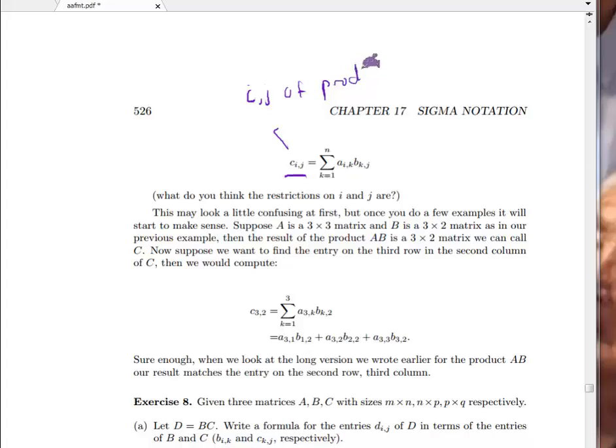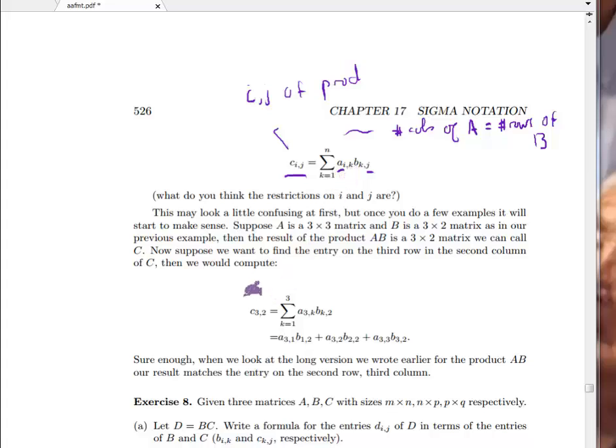Now what we said was that the i corresponds to the first index of A and the j to the last index of B. And the inner indices have a sum from 1 to n, where this n is the number of columns of A, and it's also equal to the number of rows of B. So this is a very nice compact way of writing the entries of the product matrix in summation notation.